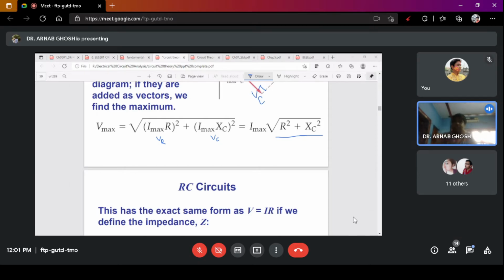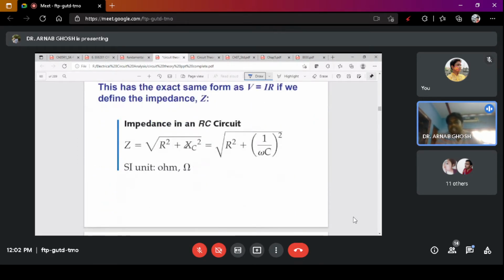So first, let us just revise this before we move on to the first and second order circuits. Then that will be easier to understand. So what we are getting here is nothing but equal to Z. This is the impedance Z, and this is equal to root over R square plus XC square.